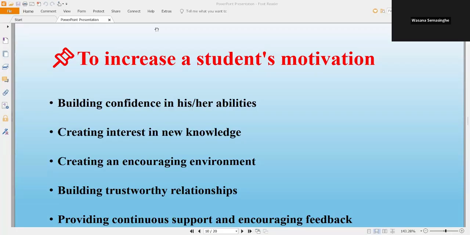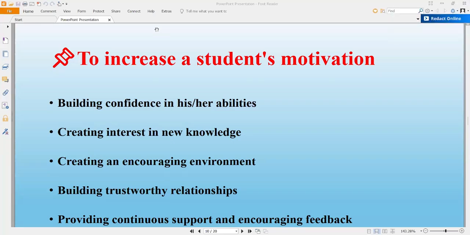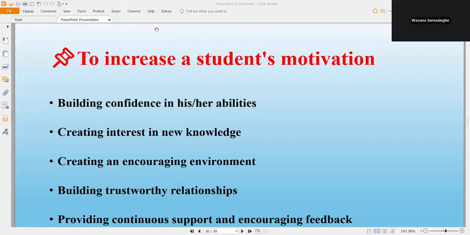Building trustworthy relationships. Students, you know what a trustworthy relationship is. The teachers can build trust by being fair.